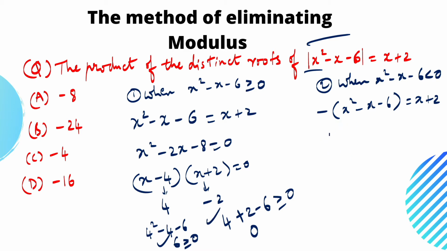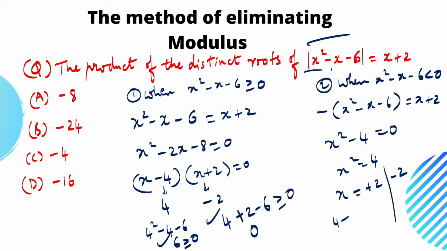Now if you further simplify, you will get x² − 4 = 0, x² = 4. So x can take +2, it can also take −2. Let us solve this for 2. Substitute 2 in that equation, we will get 4 − 2 − 6, which is 4 − 8, and this is definitely less than 0.